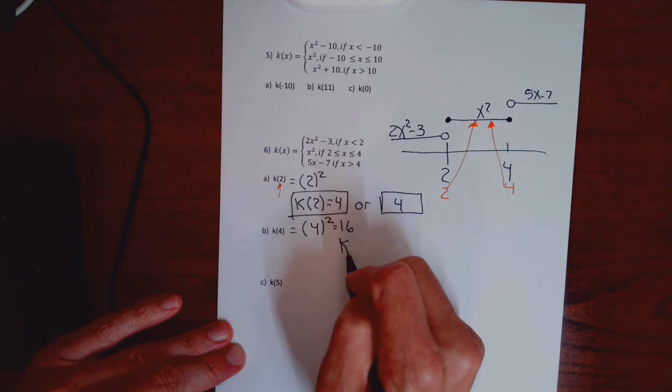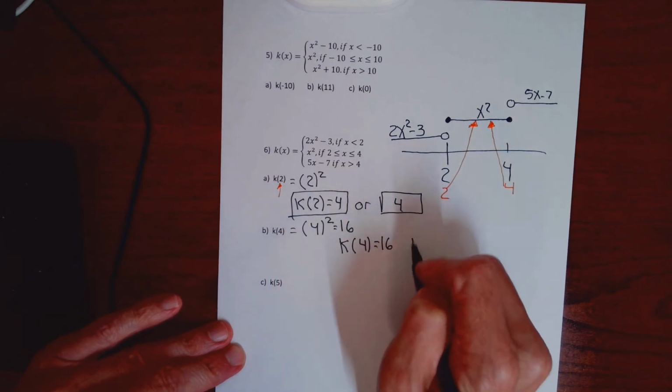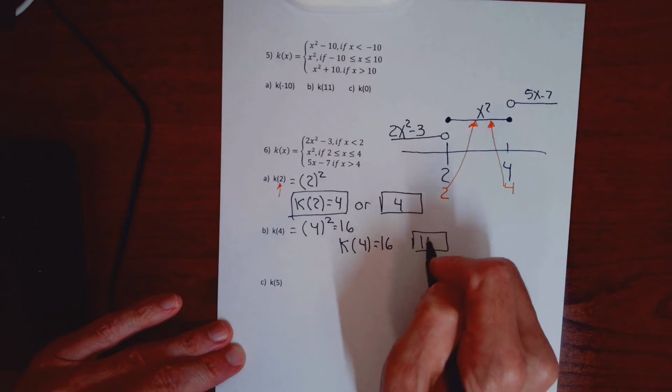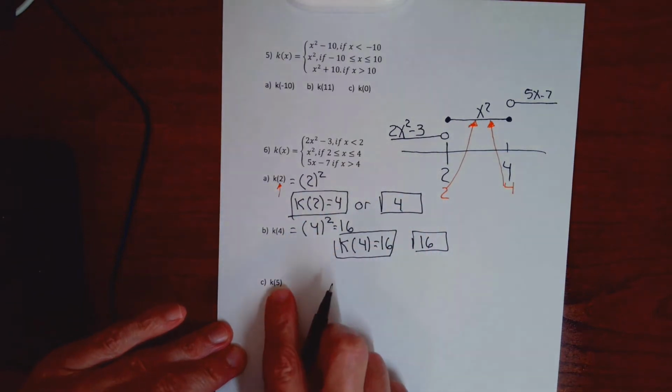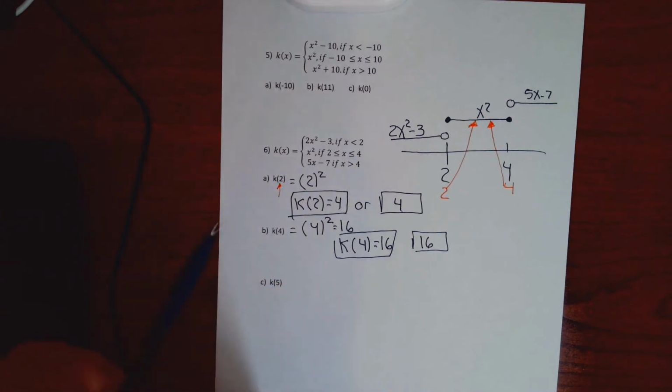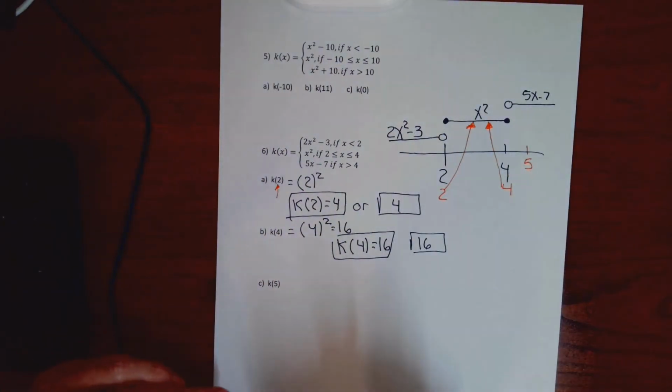And for an answer, I could write k of 4 equals 16, or what I'd probably naturally do, just write the number 16. Last thing I need to find is k of 5. I'm going to identify 5 on this kind of number line.